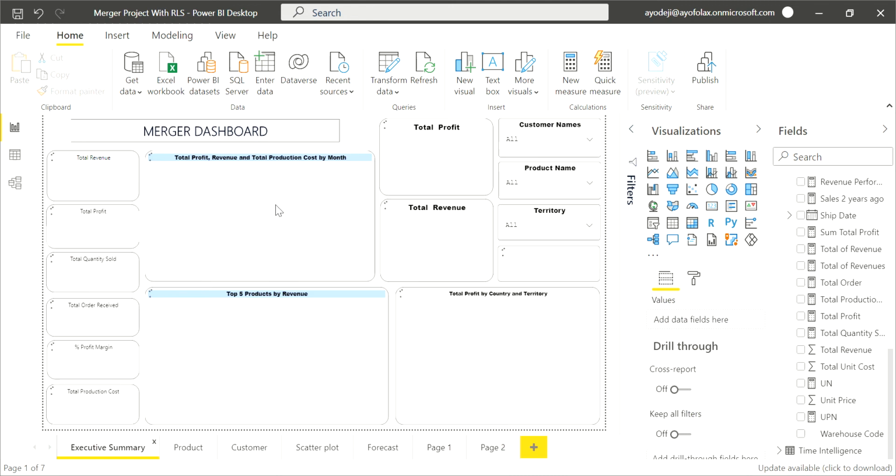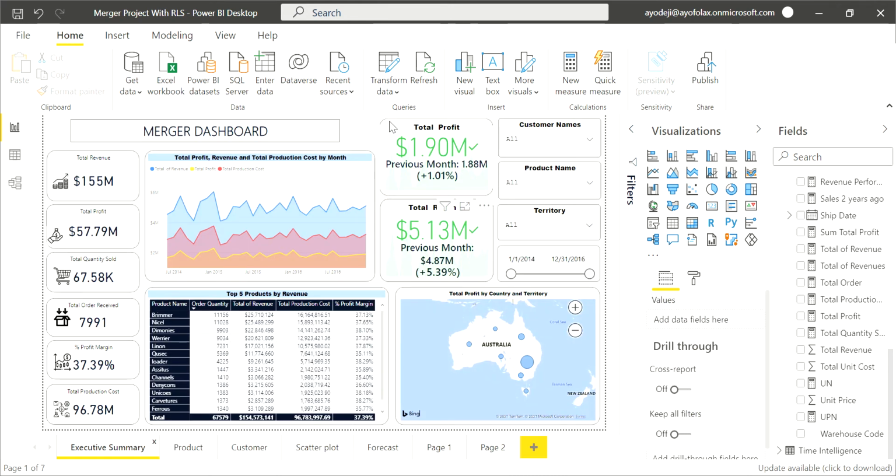So back to the sales dashboard, this card visual here gives an indication of the total profit compared with the previous month. Here a total profit of 1.9 million is made in this current month of December of 2016 compared with 1.8 million of November of 2016.